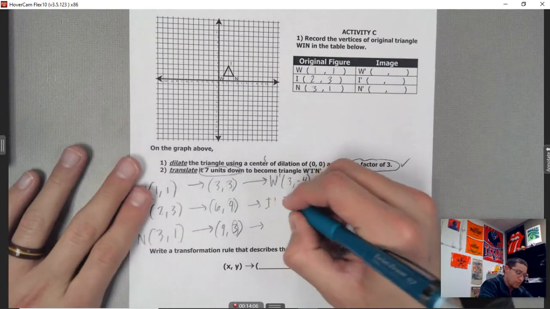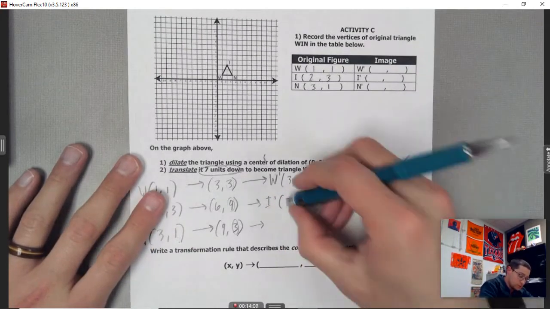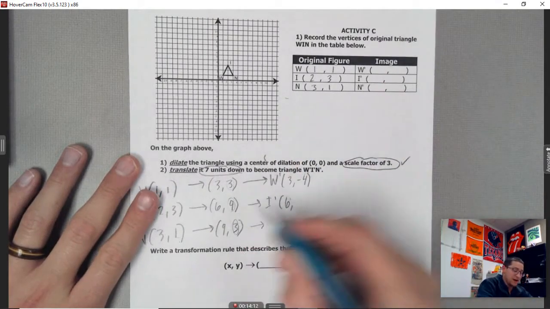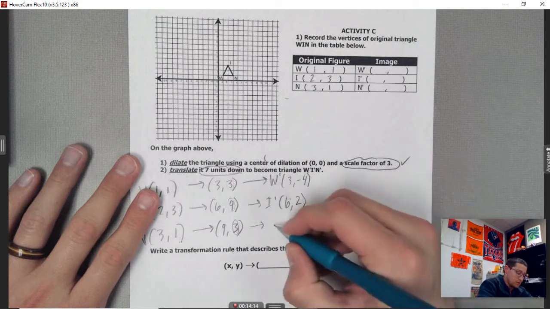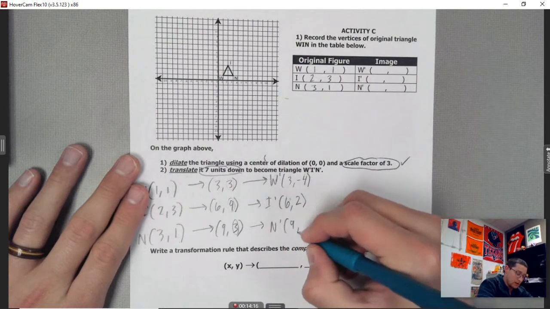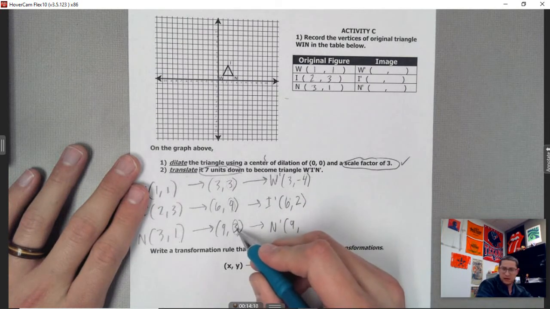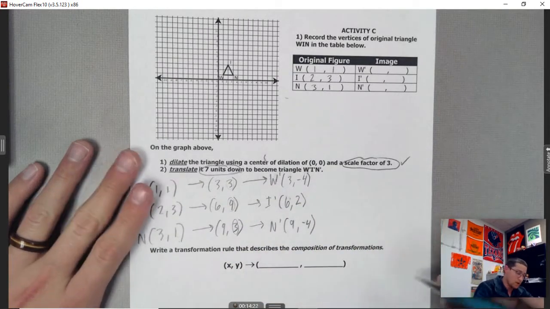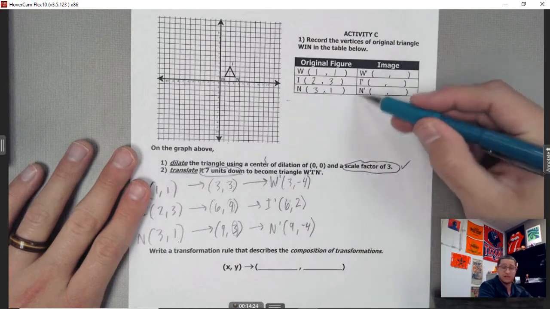Okay, I prime. Keep the 6 here. And then we've got 9 minus 7, that's going to give me 2. Okay, and then the last one, keep the 9, and then just look at this 3, so 3 minus 7, that's going to give me negative 4. All right, that's my final product. We could be putting that here.